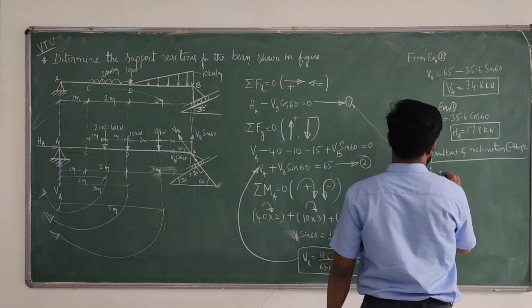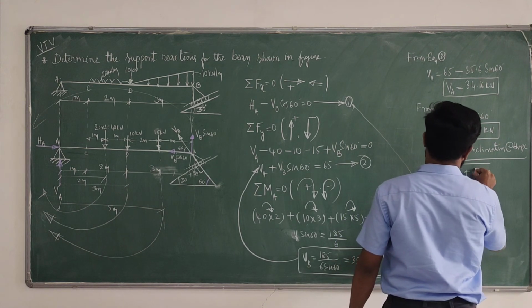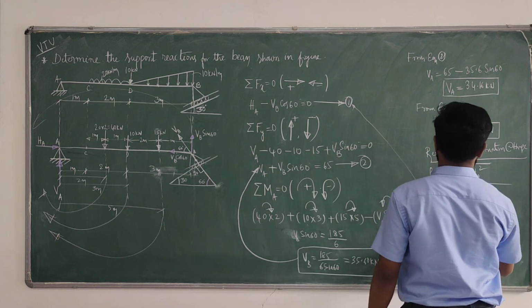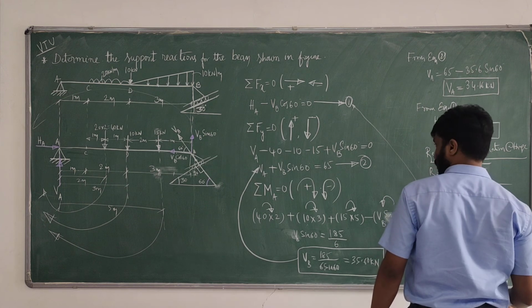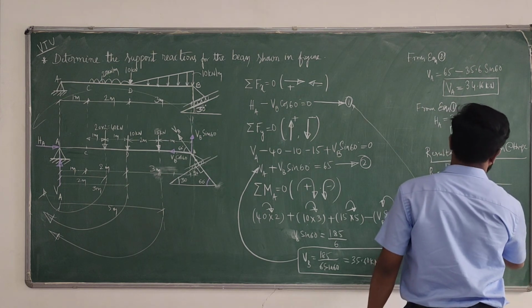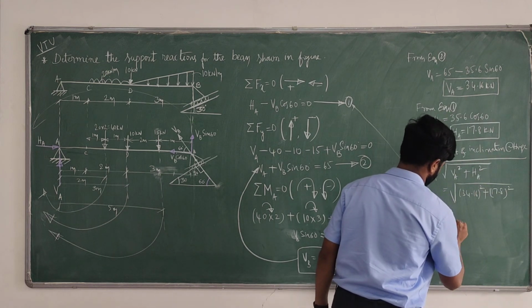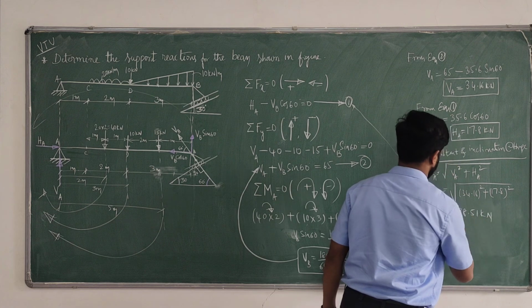RA equals square root of VA square plus HA square, which is square root of 34.16 square plus 17.8 square. So what is the value of RA? 38.51 kilonewton.